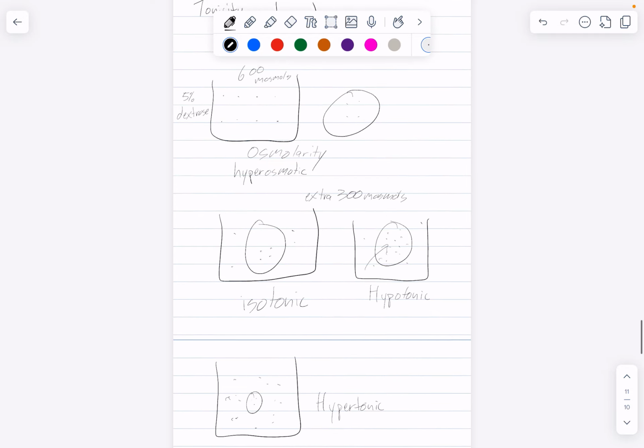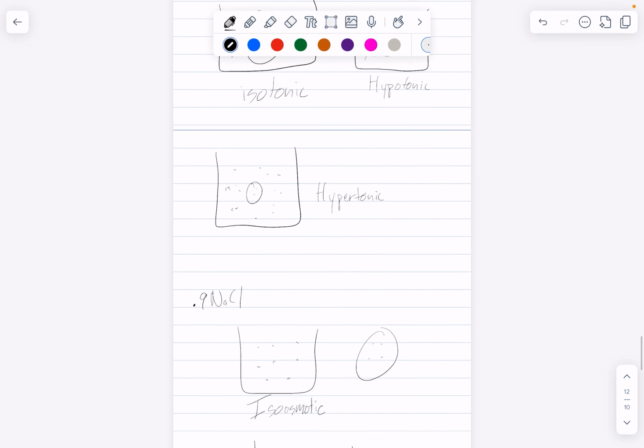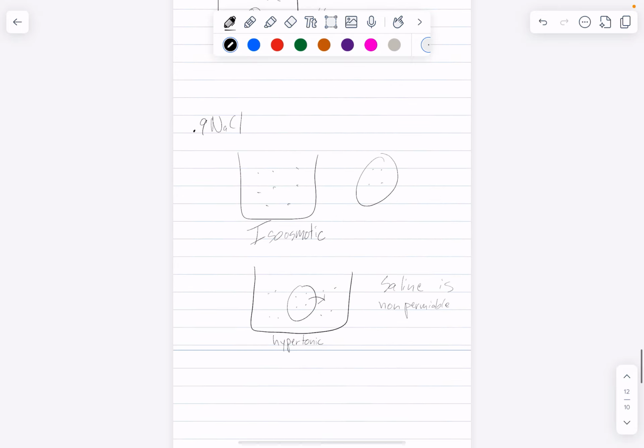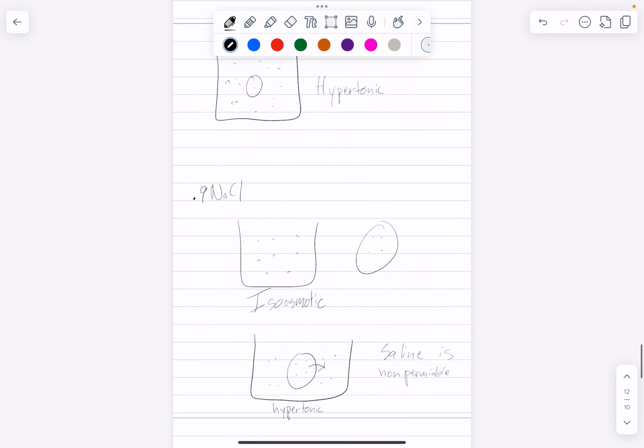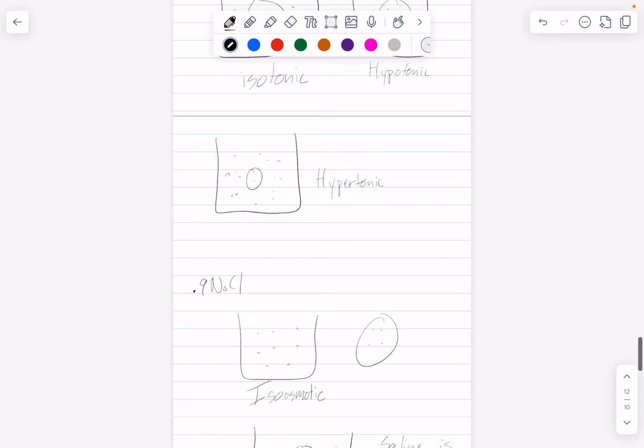And so it's important to remember that dextrose dissolves in the cell. It gets metabolized, and then saline is non-permeable, but it's the exact same solution as what is on the outside of the cell.